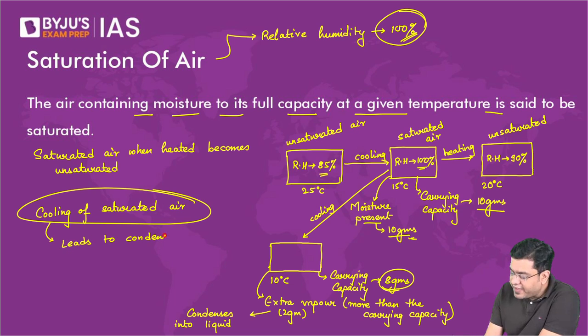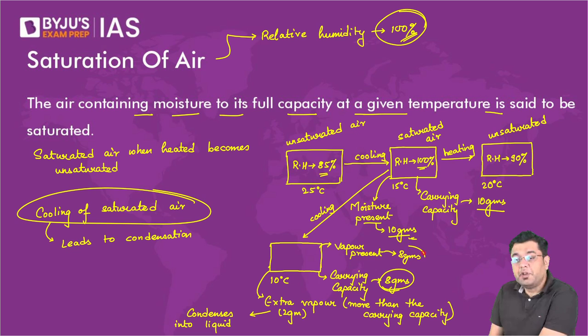So that means, as of here, air can only accommodate 8 grams. Vapor present can only be 8 grams. So the extra 2 grams will be condensed.